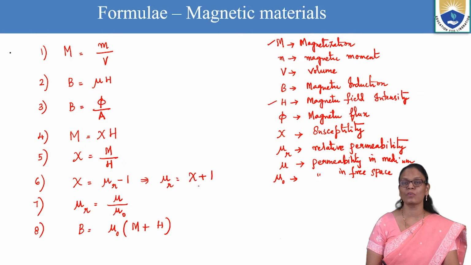So, knowing the susceptibility chi, we can find the relative permeability also.